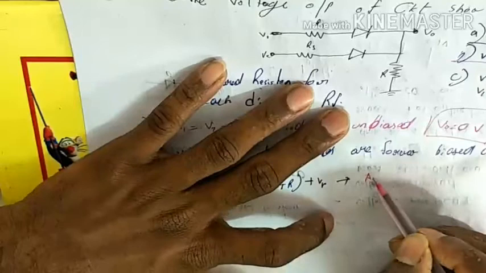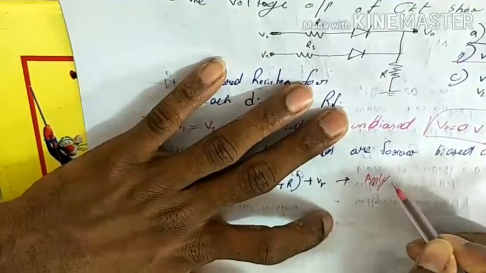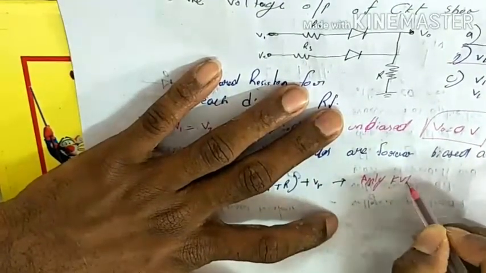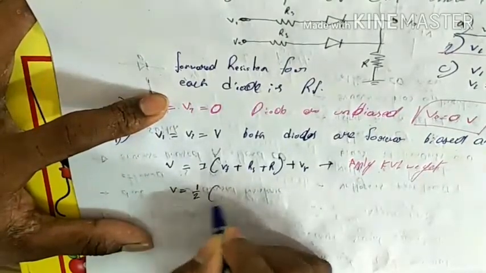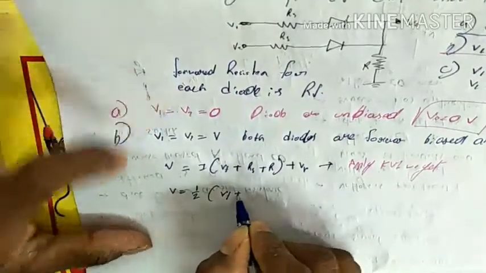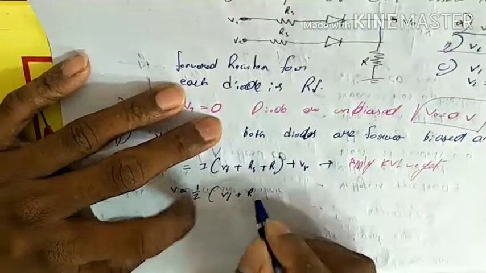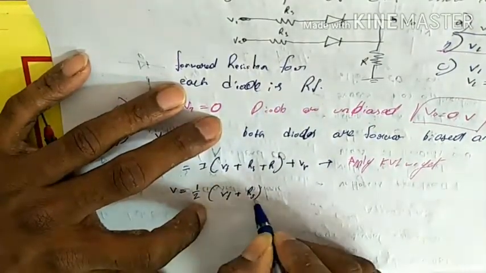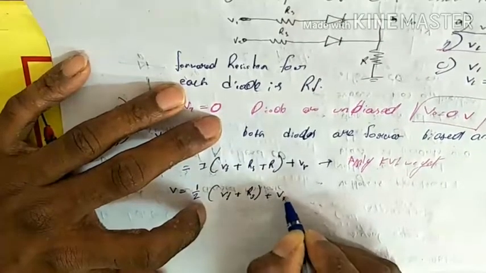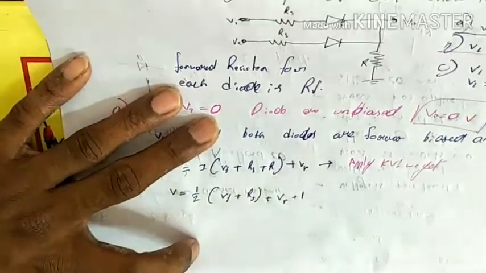Applying KVL we get, therefore, V equals I times (RF/2 plus RS plus R) plus VR.